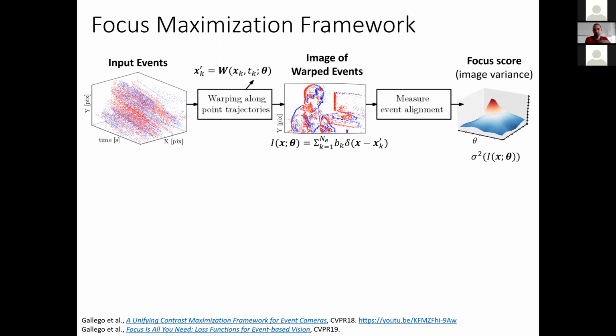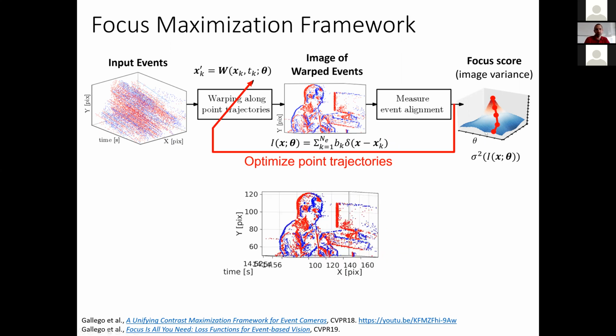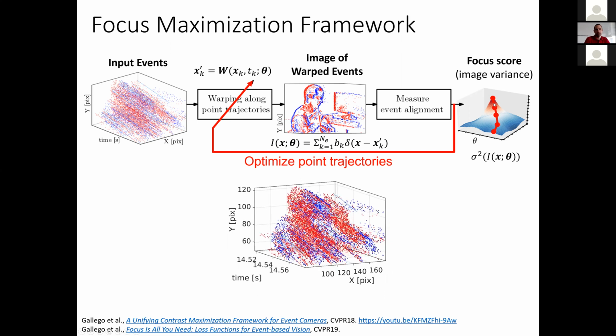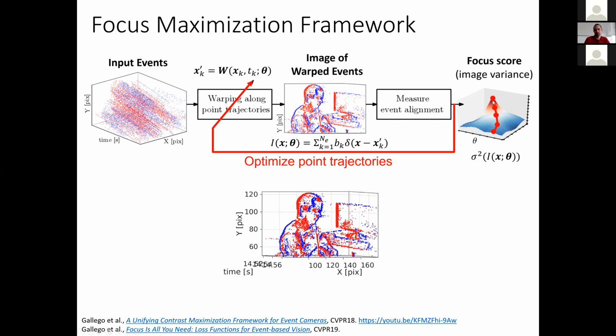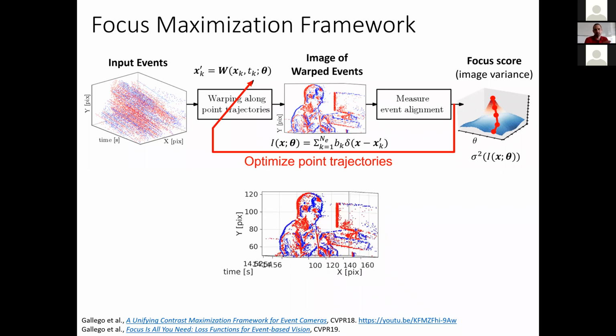So we somehow come up with a measure of the edge strength of the image of warped events. And finally, what we need is an algorithm that will try to go uphill on the score and obtain the maximum score, the motion parameters that maximize the edge strength of these candidate images of warped events.